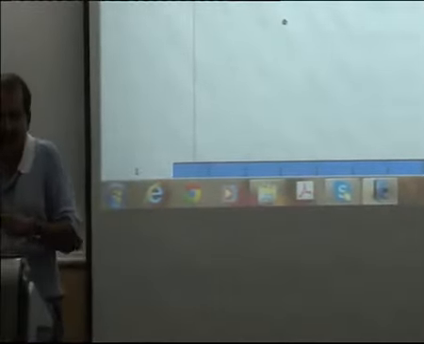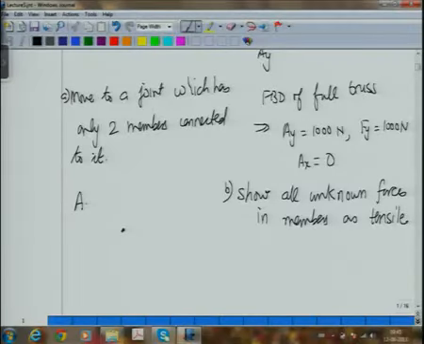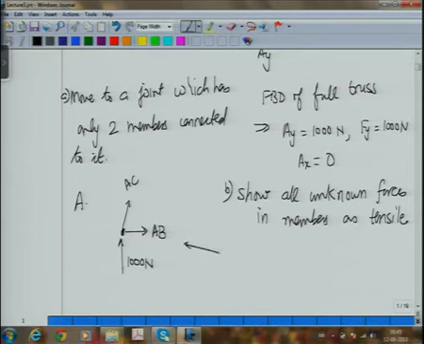Now when I go to pin A, on pin A there is a force of 1000 newtons acting like this. In addition to this, I have a force AB and a force AC. These are coming from the two members. Now these here are the forces on the pin.